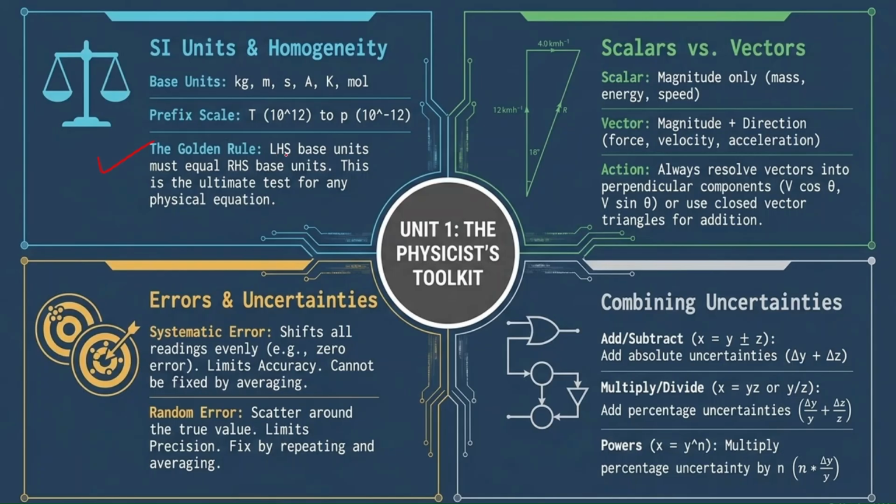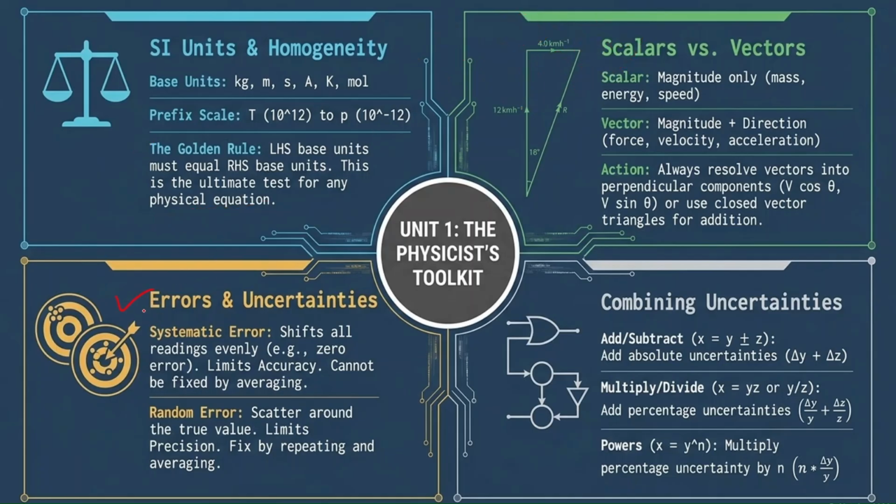One is a golden rule: LHS base units must equal RHS base units. This is the ultimate test for any physical equation. If in physics, in any area, they give some kind of equation, then to test the equation, take LHS units and RHS units. If they are the same, then the equation is right, valid, you can say. If they are not, the equation may be wrong. Okay.